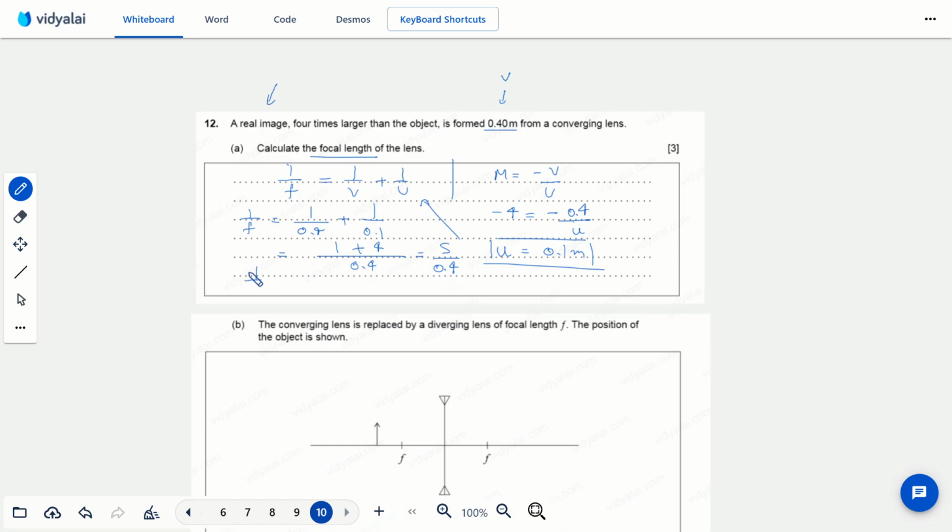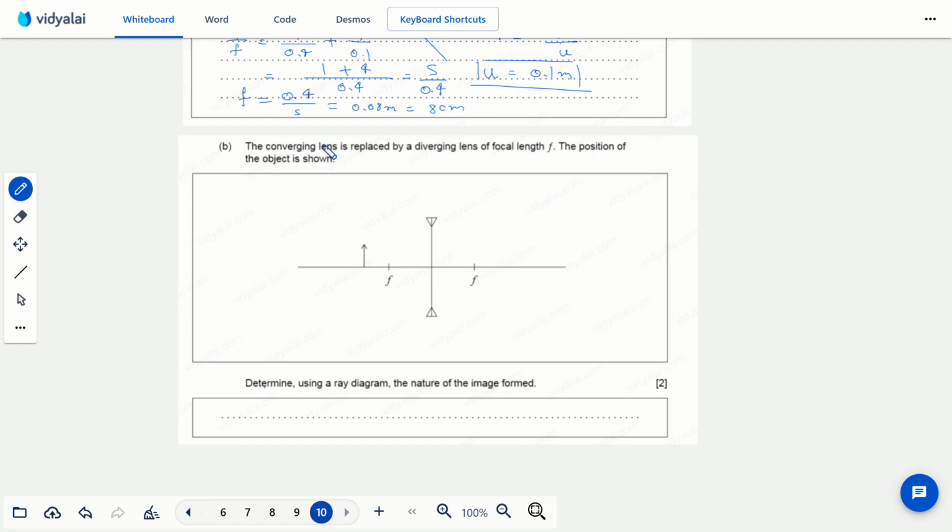Instead of 1 over f, we need f itself, the focal length. So it's not 5 over 0.4, it's 0.4 over 5. And in the end, we get 0.08 meters, which is equal to 8 centimeters. So, yeah, that's the focal length of this converging lens.